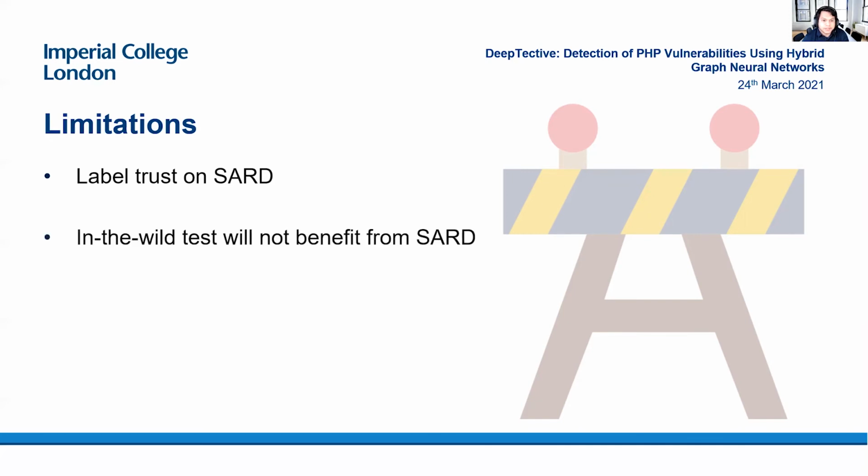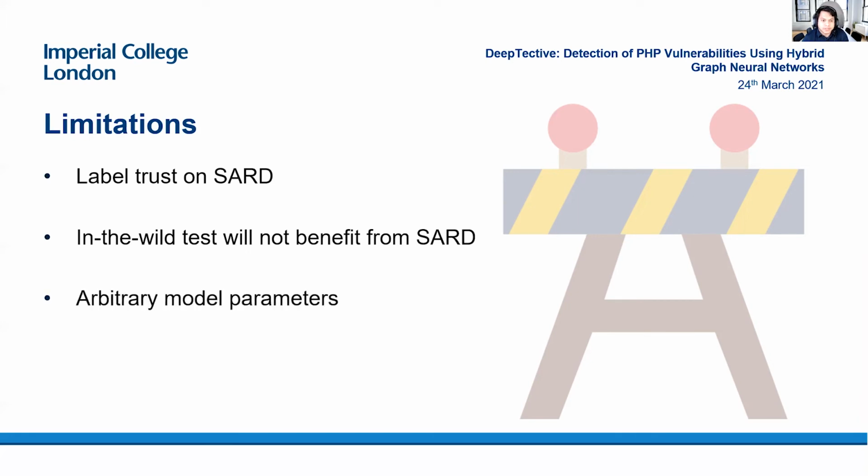The second limitation is that in the wild test, DeepTective will not benefit from SARD, because SARD contains synthetic vulnerabilities. Therefore, synthetic vulnerabilities will not be able to contribute to finding real-world vulnerabilities because the structure is very different.